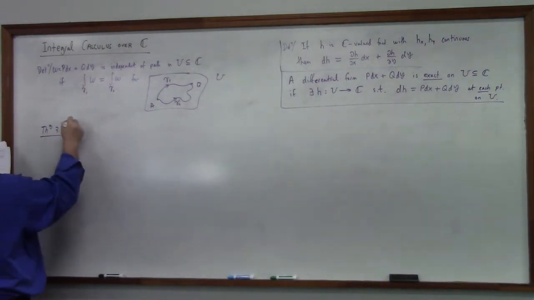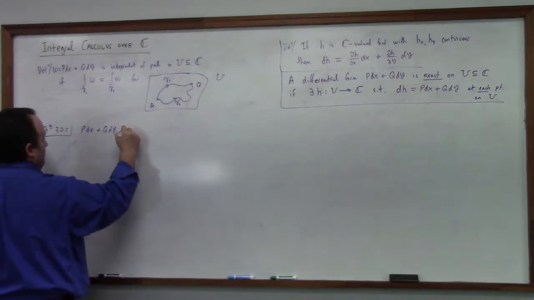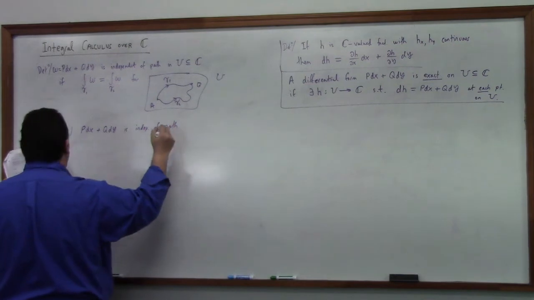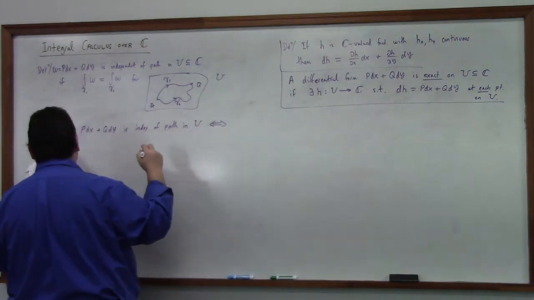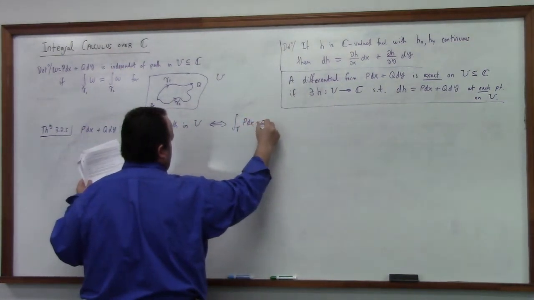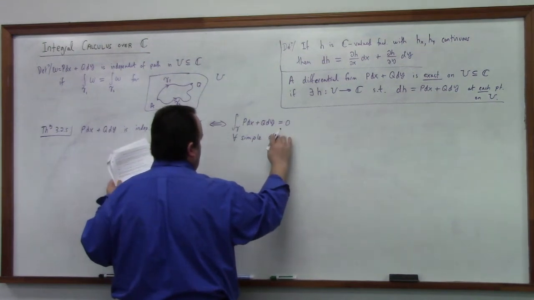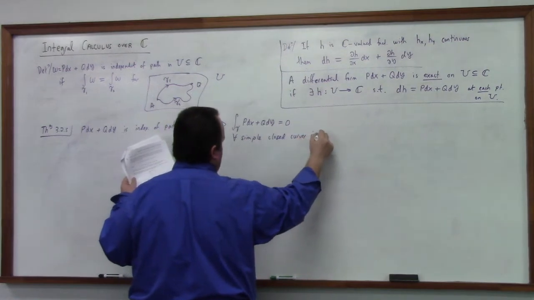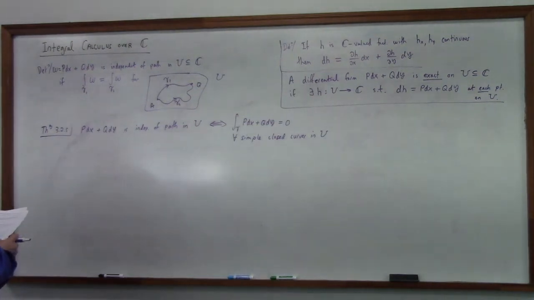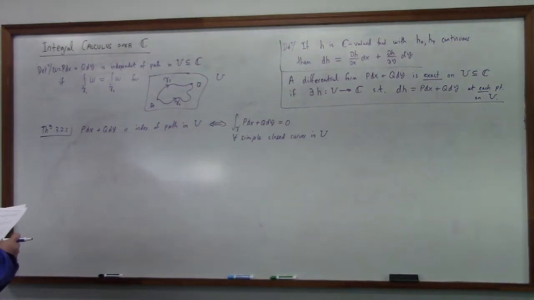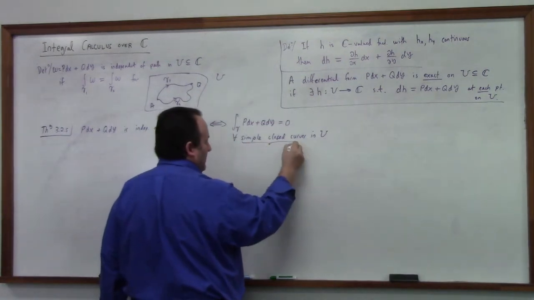Theorem 3.2.5, which is that the integral of p dx plus q dy is independent of path in U if and only if the integral over gamma of p dx plus q dy is equal to 0 for all simple closed curves in U. And a simple closed curve, I should mention, we'll later just call a loop.